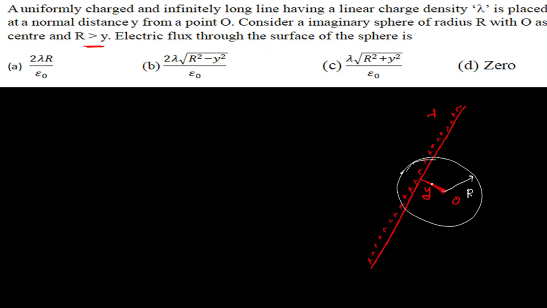Okay. So for that, let me just mark these two points with the center of the sphere.